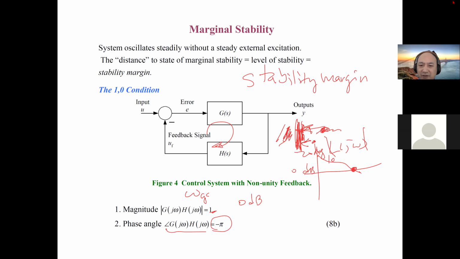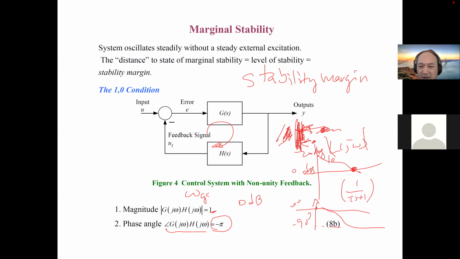If you draw the phase, it usually starts from 0 degrees, because DC gain is a constant, then eventually goes down and then constant. For a first order system it's minus 90, for example tau s plus 1.